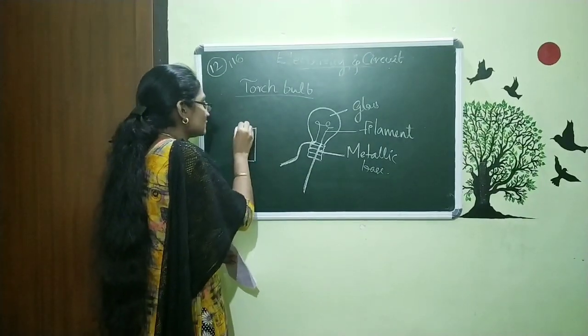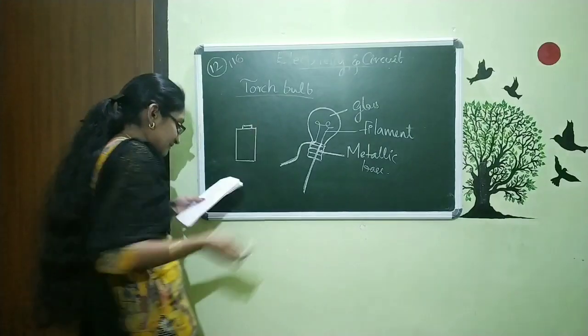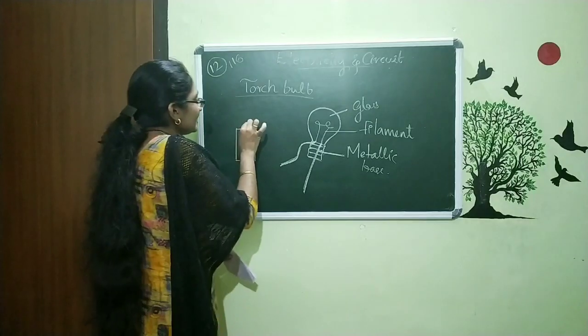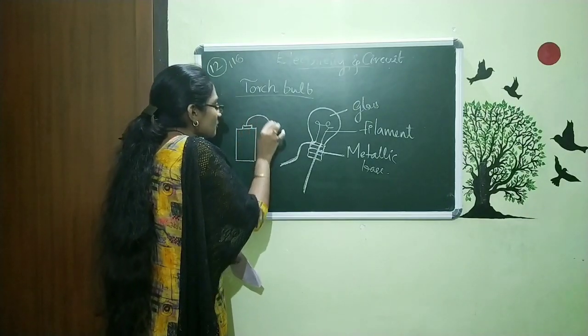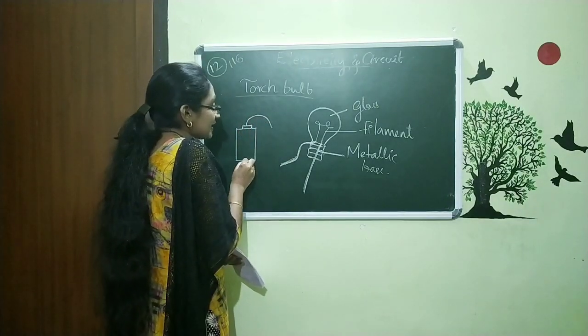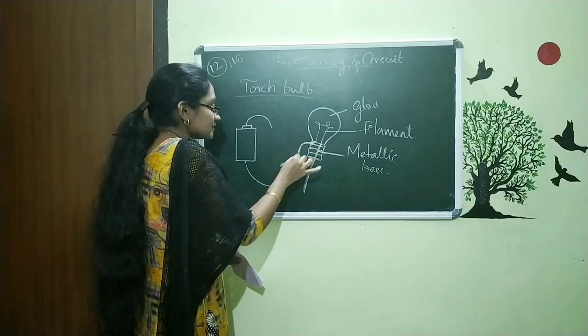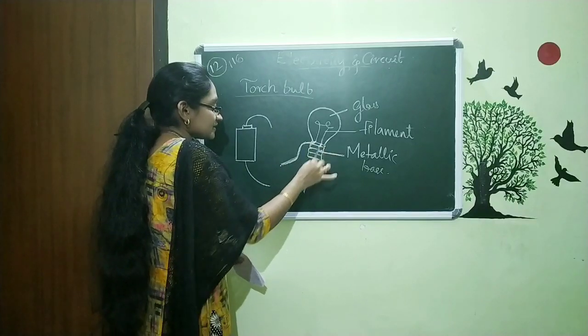First I am selecting one cell and four wires. One I am attaching to this point, another I am attaching to this point. Next I am connecting with this point and another with this.